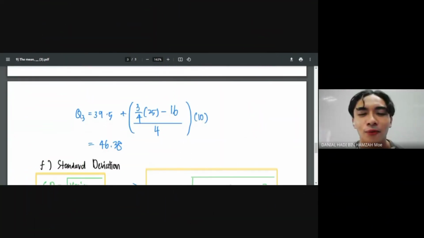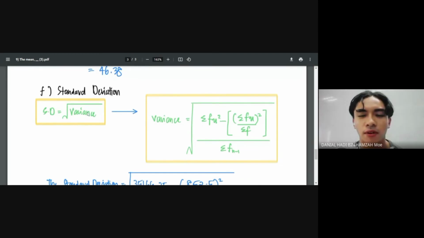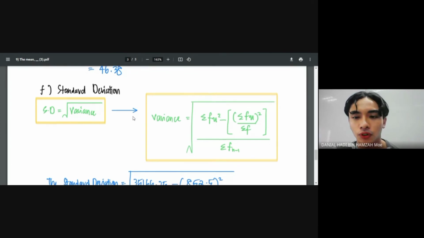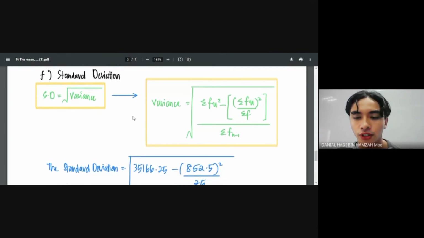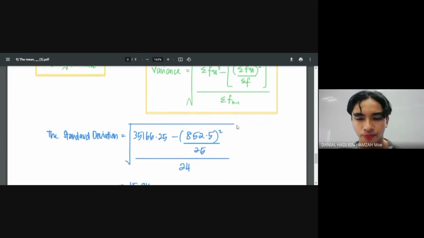Next, we're going to find the standard deviation. But before that, standard deviation is equal to the square root of variance, and the variance equals total fx squared minus total fx, squared over total frequency, all over total f minus 1.